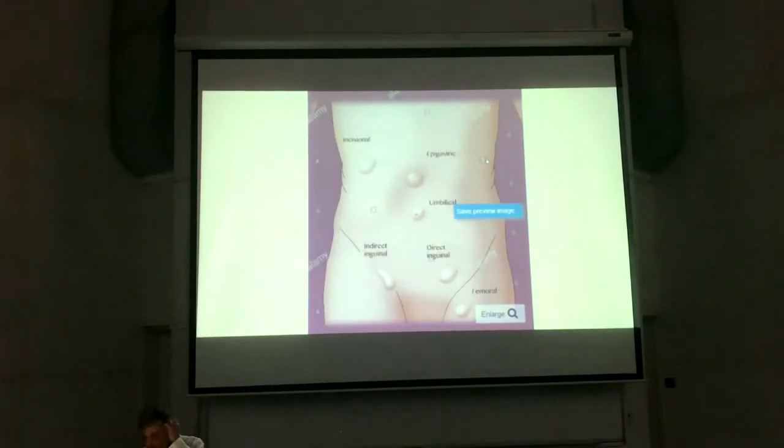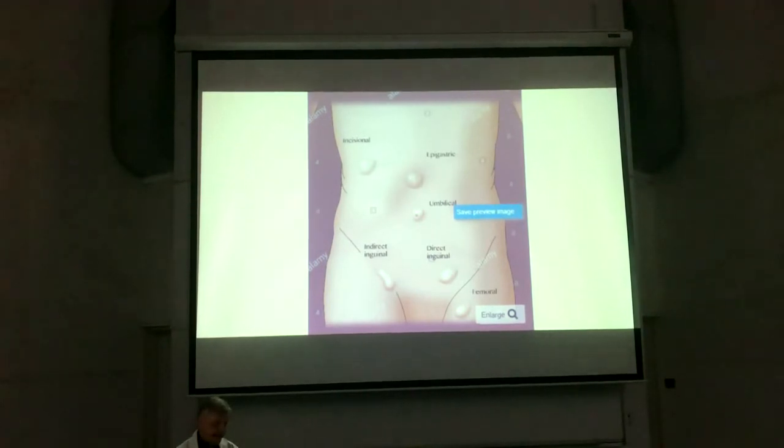The anterolateral abdominal wall is very well arranged, and it is good enough to have a normal life.